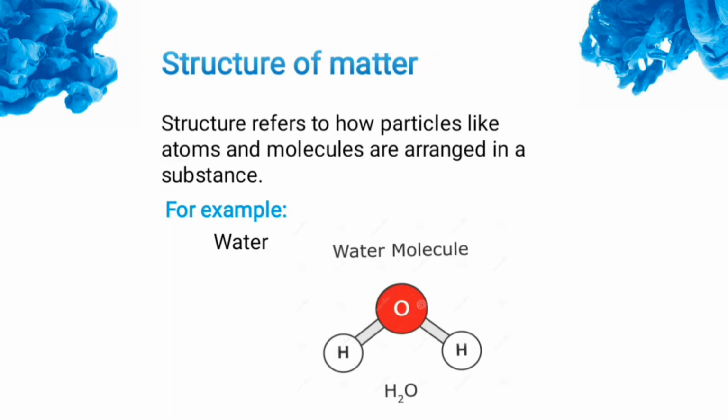Structure refers to how particles like atoms and molecules are arranged in a substance. For example, in water molecules, the atoms are arranged and form different structures. This is the structure of water.